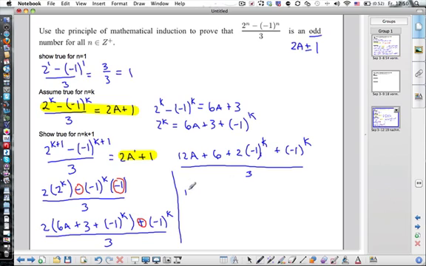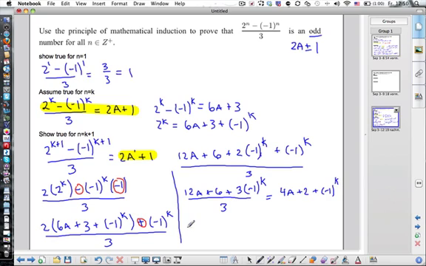So then we have 12a plus 6 plus, how many negative 1 to the k's do we have? That's 3 of them, all divided by 3. So then you can take out a 3 from everything. We end up getting 4a plus 2 plus negative 1 to the k.